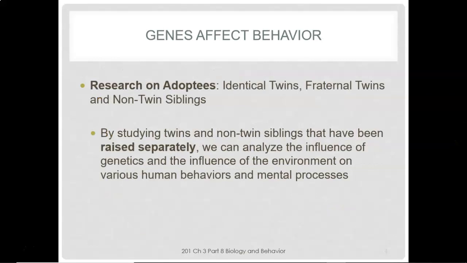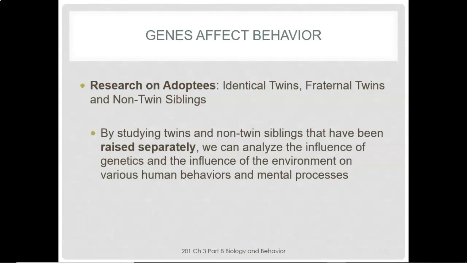So we do research with adoptees as well, with identical twins, fraternal twins, and non-twin siblings. By studying twins and non-twin siblings that have been raised separately, and yes, there are identical twins that are raised separately, we can analyze the influence of genetics and the influence of the environment on various human behaviors and mental processes.